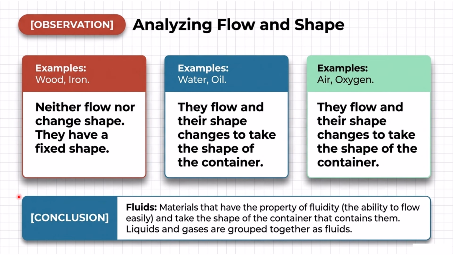From the experiment we observed that the liquid and gas take the shape of the container, or they have the ability to flow easily. This property is called fluidity. What's the meaning of fluidity? The ability to flow easily.